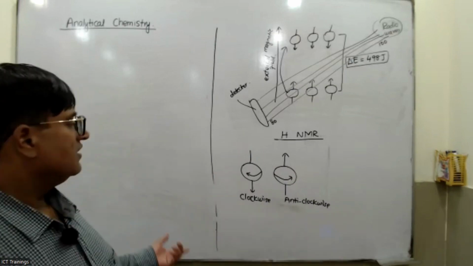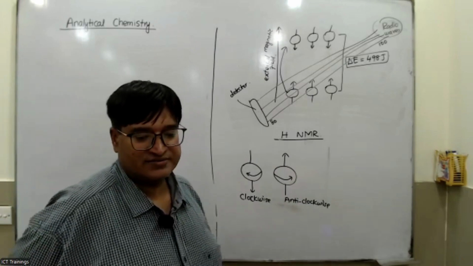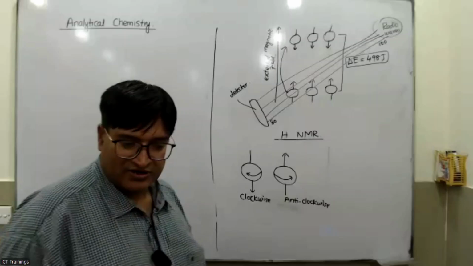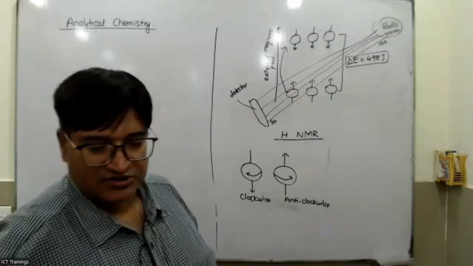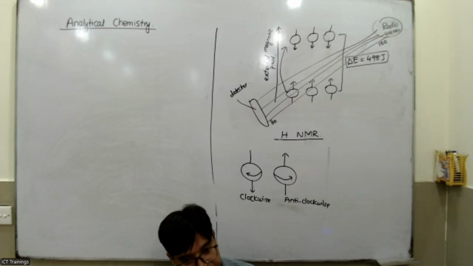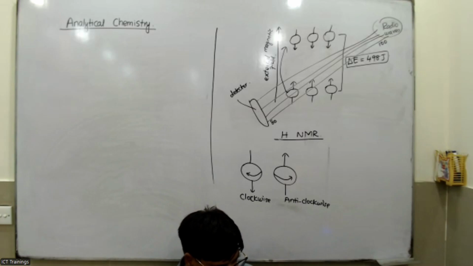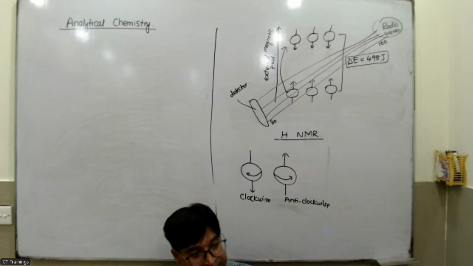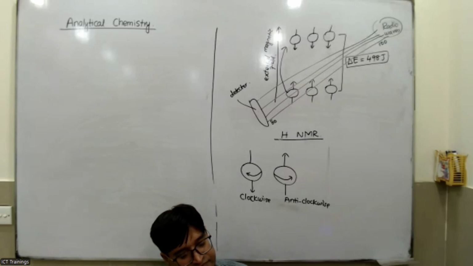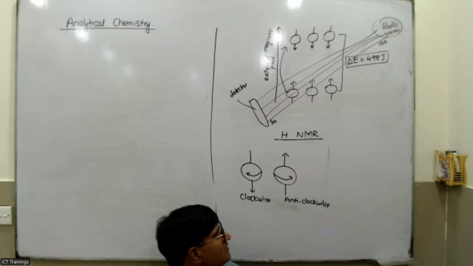The first point: hydrogen has two spin states, clockwise and anti-clockwise, due to which magnetic field is either produced upward or downward.